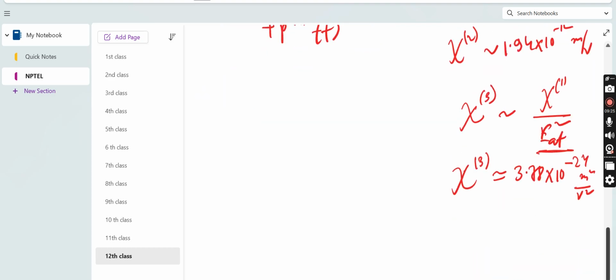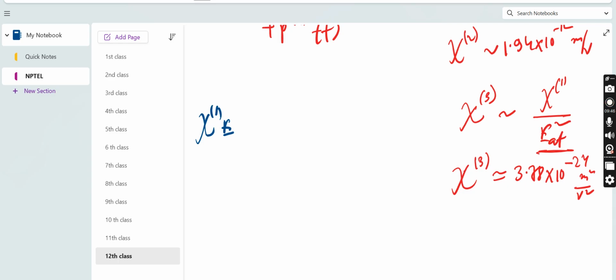Then only will we get a third order polarization component big enough, yet we can consider it as a perturbation of the main potential.